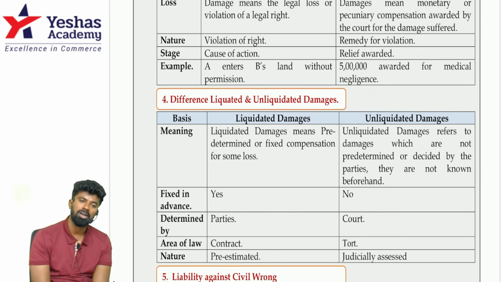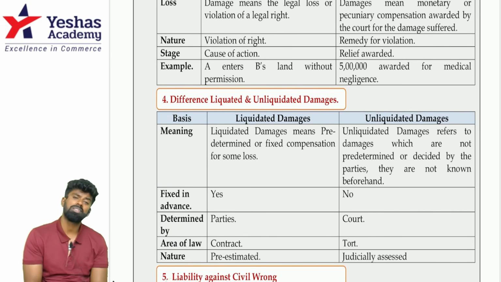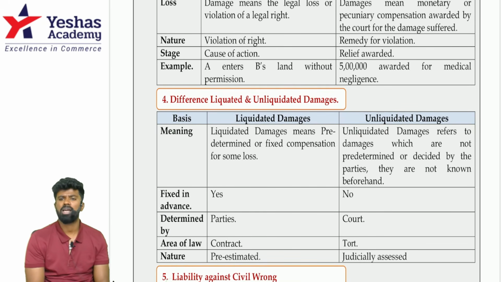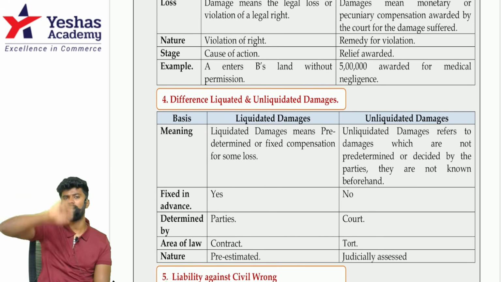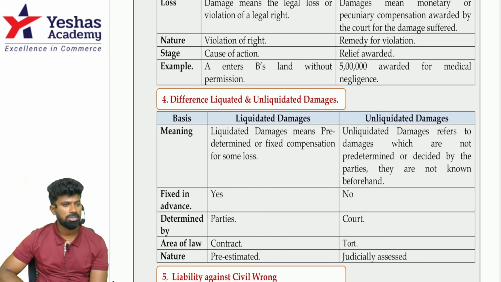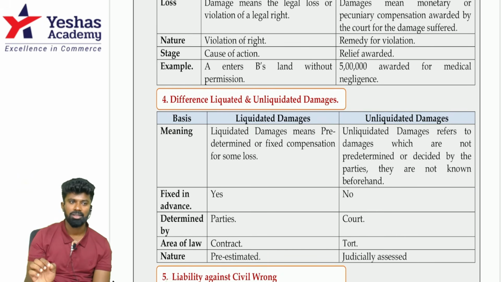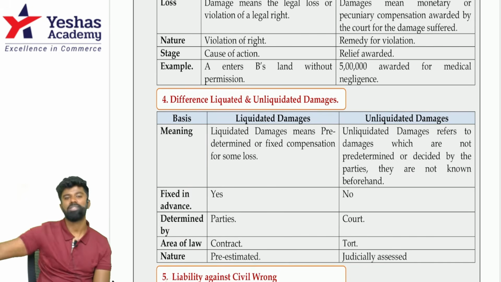Which one is covered under common law? Unliquidated damages. Which one is pre-estimated? Which one is decided by the court? Unliquidated damages. And you guys tell me, in common law, for a tort, what is the remedy? Unliquidated damages. And in a contract, what is the remedy? Both liquidated as well as unliquidated damages.